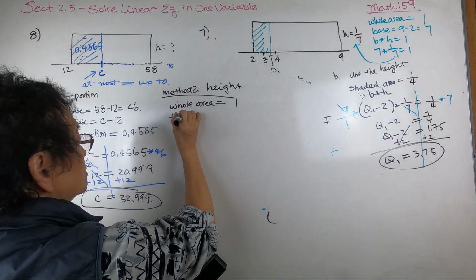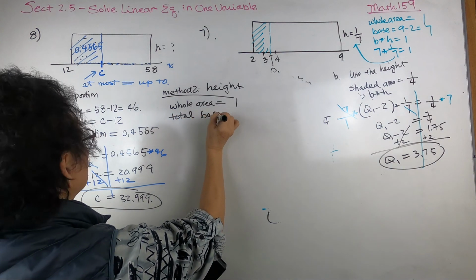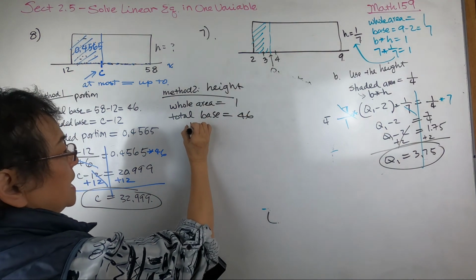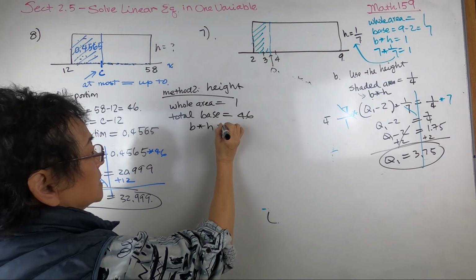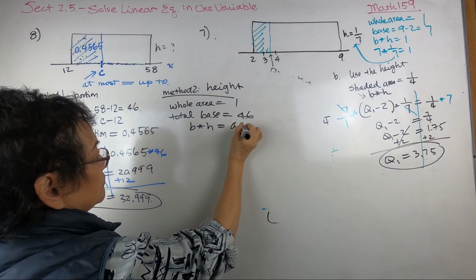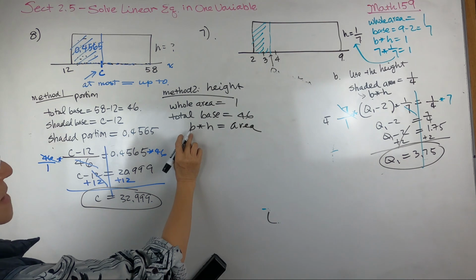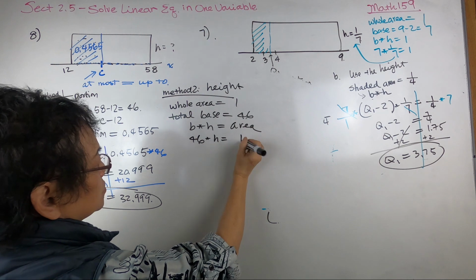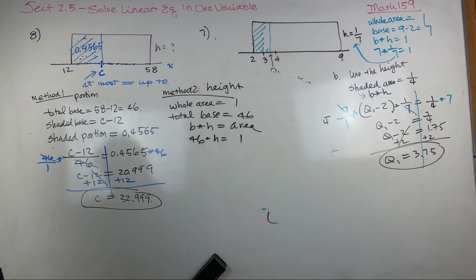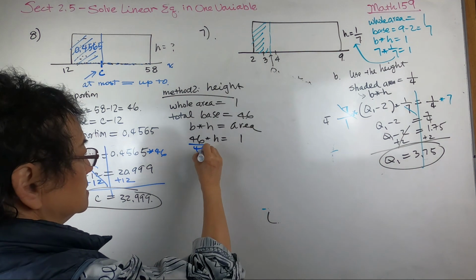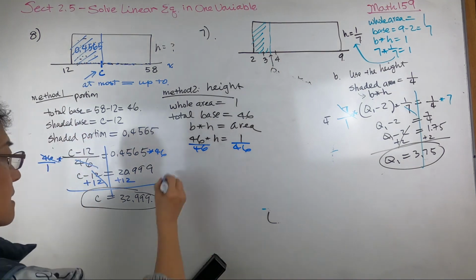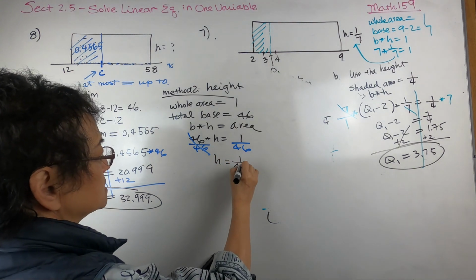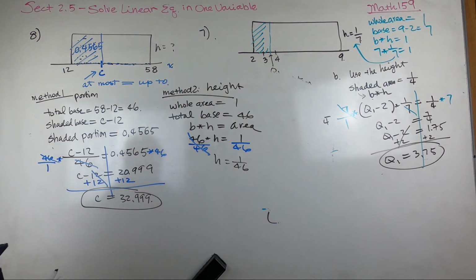Then the total base is 46, and base times height is your area. So your base is 46 times your height is 1. So you divide by 46, so your height is 1/46.